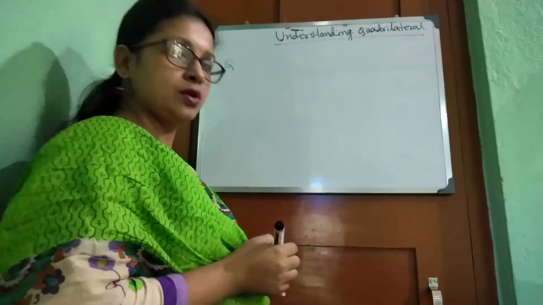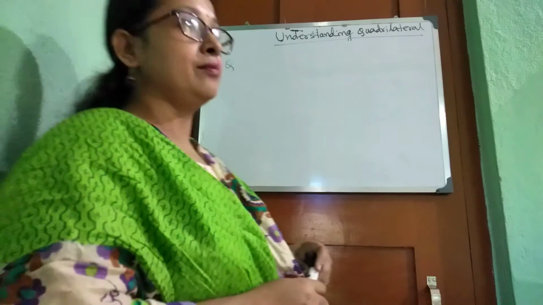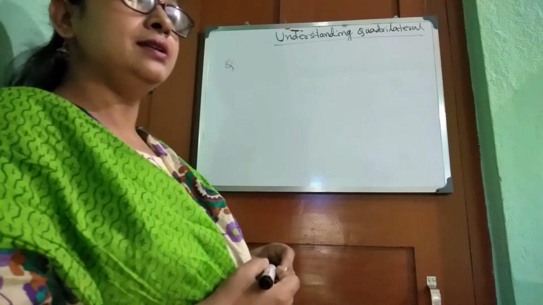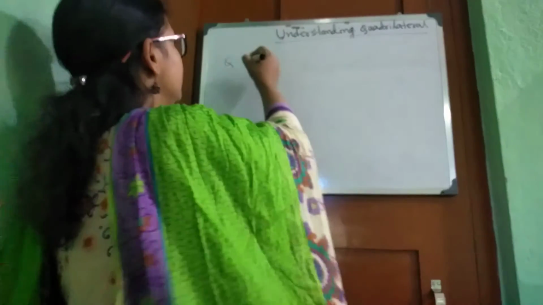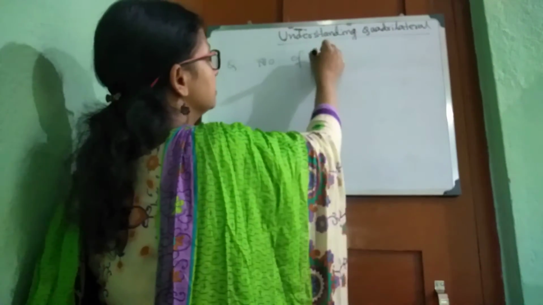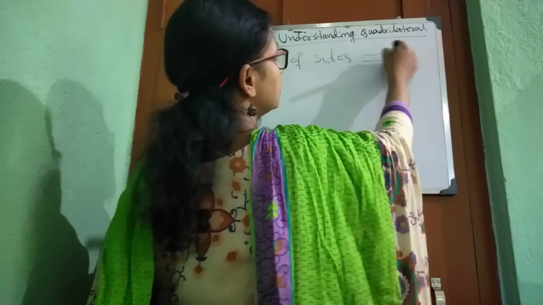So next, one more question: if the number of sides is given, you have to find the value of each interior and each exterior angle. Suppose the number of sides given is 6.